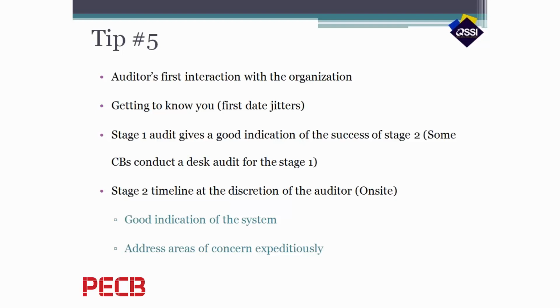But the stage 2 timeline, which is now the in-depth part of the audit, is at the discretion of the auditor, because at the stage 1 they would have determined whether or not you are ready to proceed to stage 2. The timeline they give you is a good indication of how they see the system.